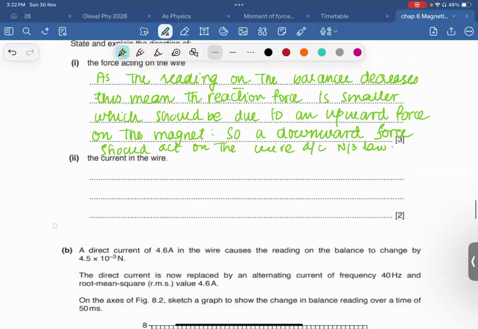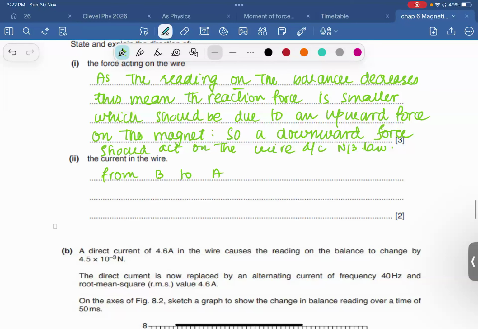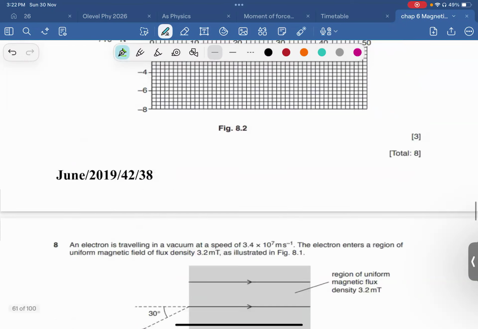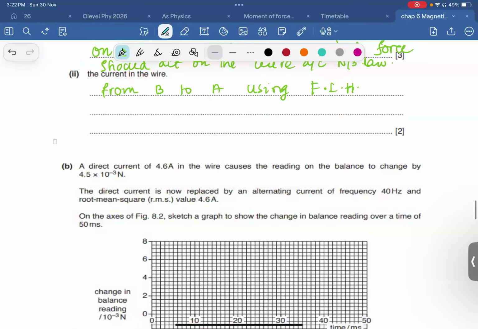From B to A, using Fleming's left hand rule. Fine, done. Just ignore this one because it contained the RMS current.